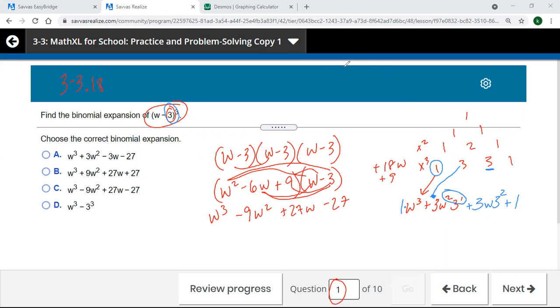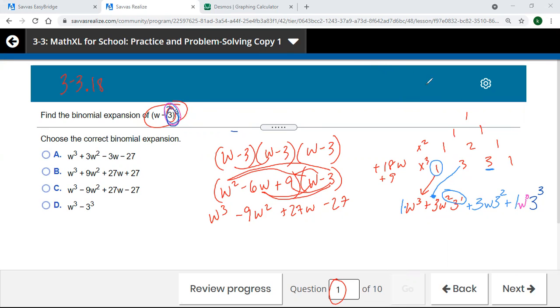After that, you have no w's. You could write it in if you want. But then you also have this 3 on the end, to the third.